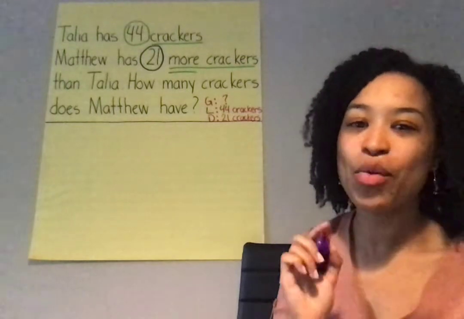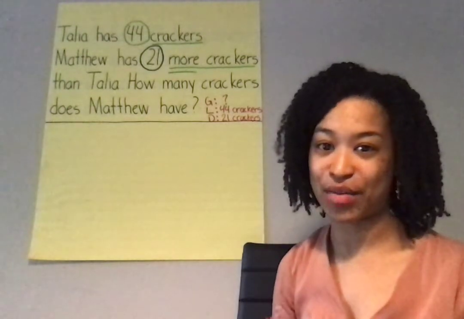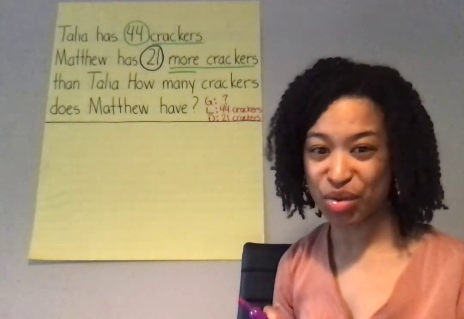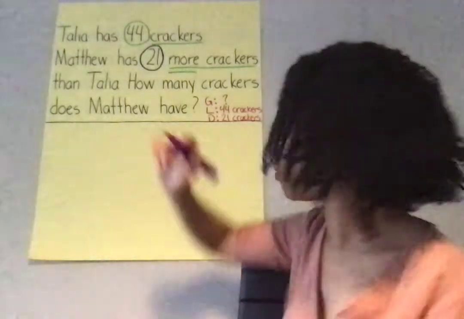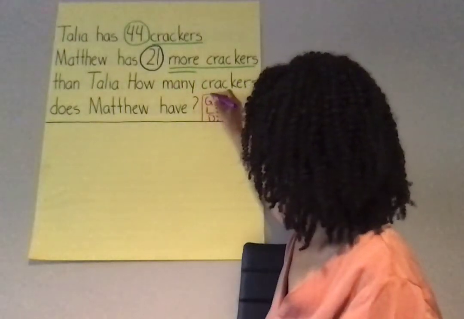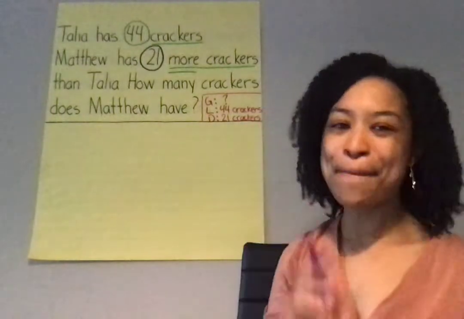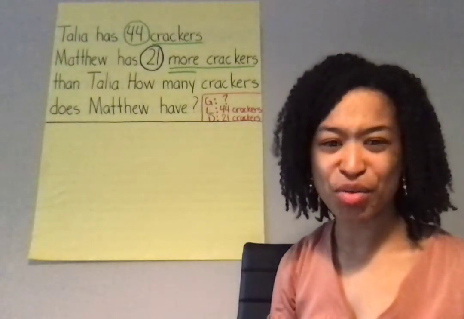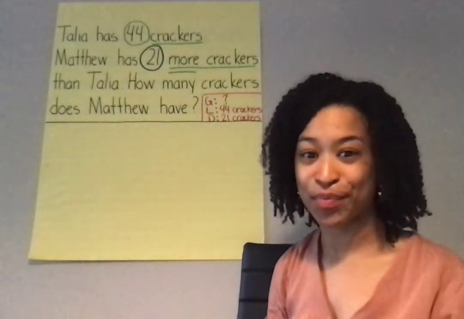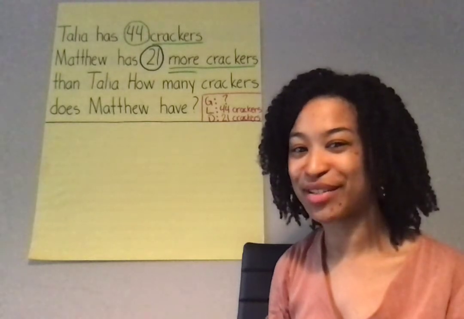Okay, now that we have our key written down, the next thing we need to do is solve. On Monday, I showed you how to get to the greater amount. Who remembers?